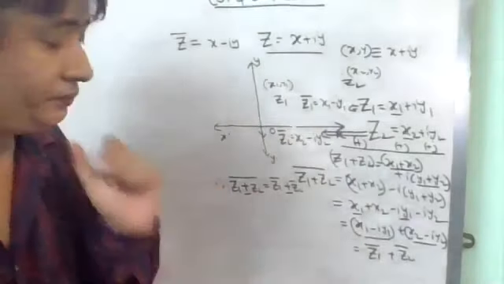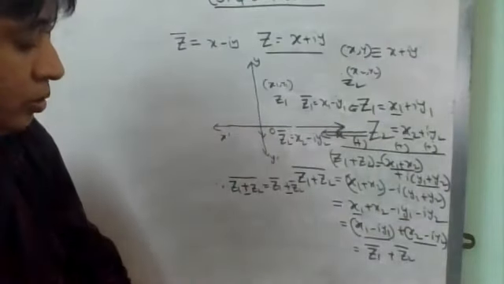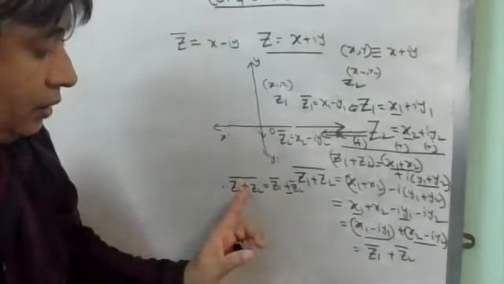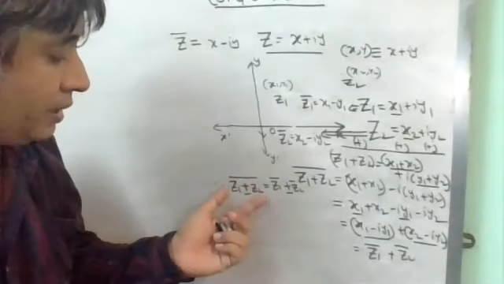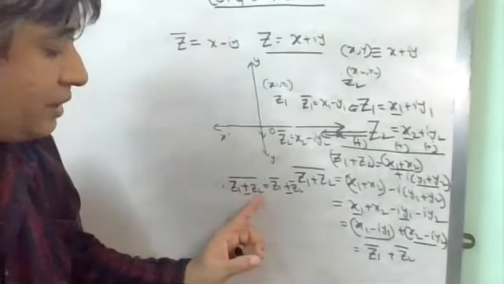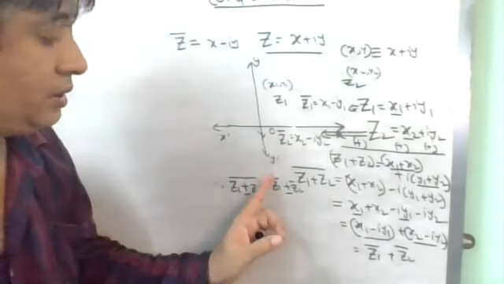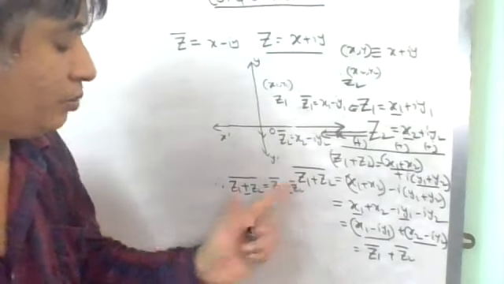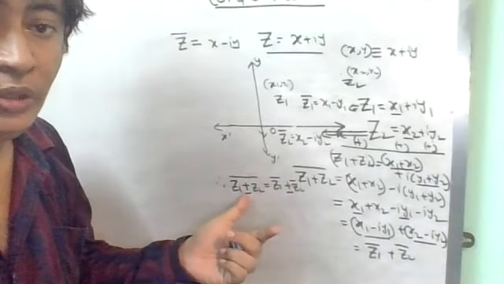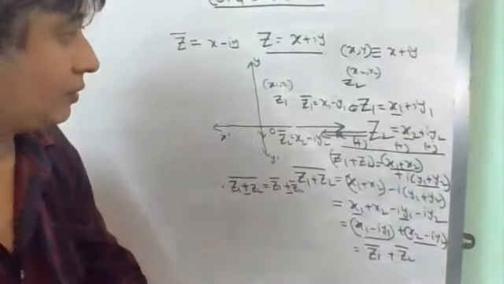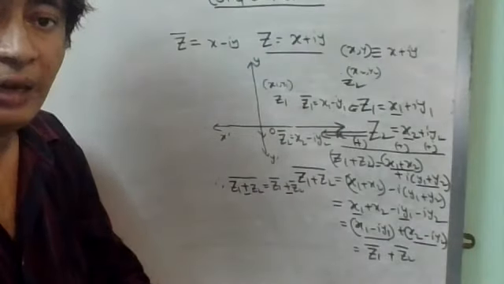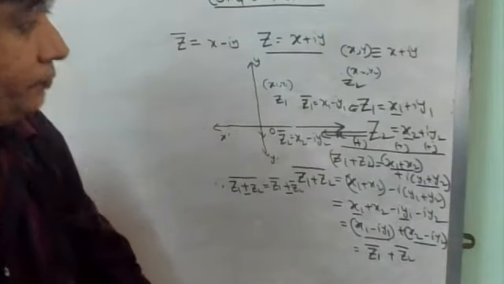Hope you understood. So a complex number z1 plus z2 with the bar sign can be split into two parts, z1 bar plus z2 bar. It is true in the case of minus also. I hope you understand.